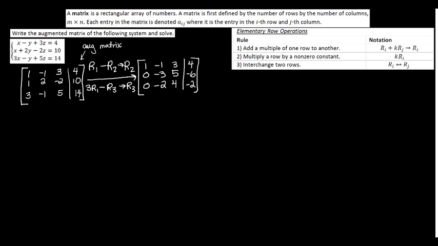Now I want to get this entry, the next diagonal, to be a 1. And there's several different ways you can do it. I could divide by -3, but that might be a little bit cumbersome because I'll get some fractions here. So I'm going to think, how can I make that entry be a positive 1? Well, how about I take minus row 2 and add it to row 3.